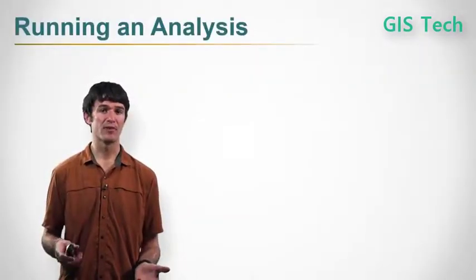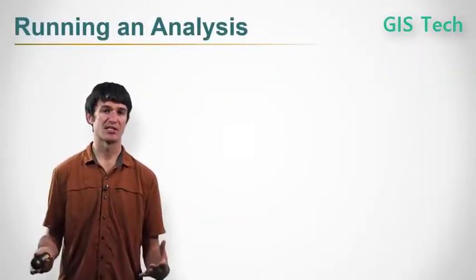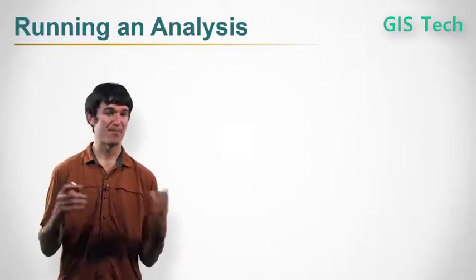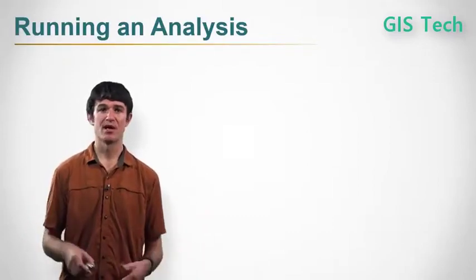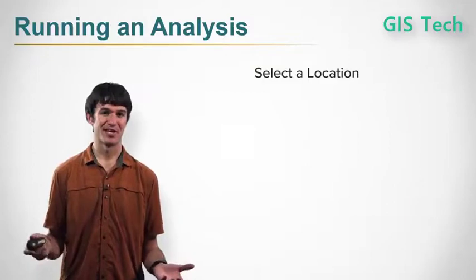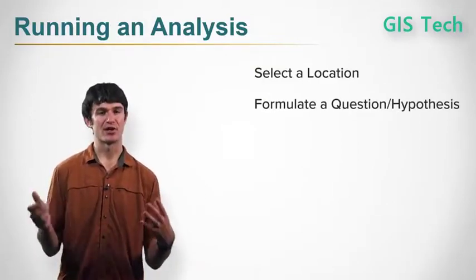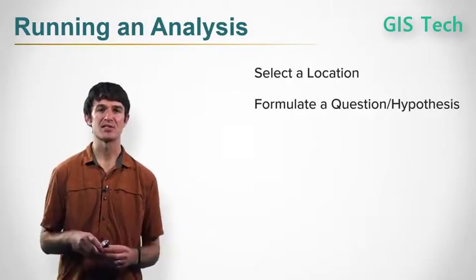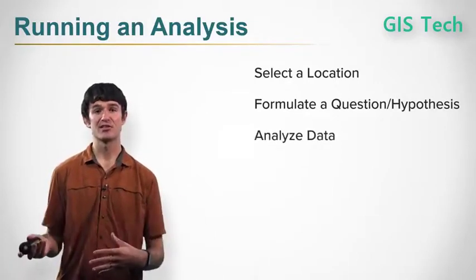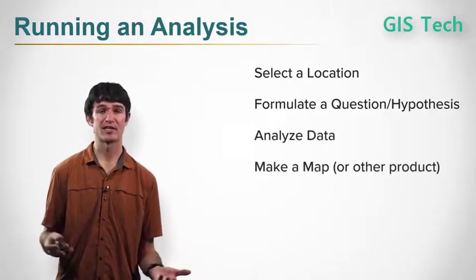The workflow that you might go through in running an analysis in GIS at a basic level is pretty simple. You're going to determine the place you're interested in and then ask a question about it and wonder. That's where you create your hypothesis. And then you analyze your data to make a map or another product like a data table.